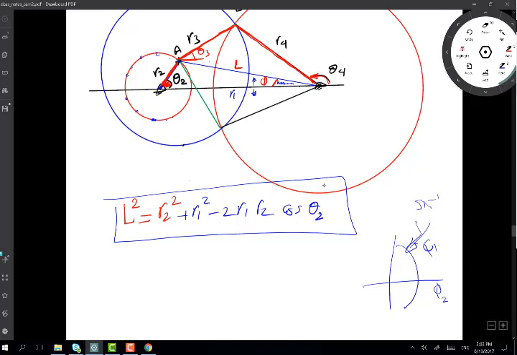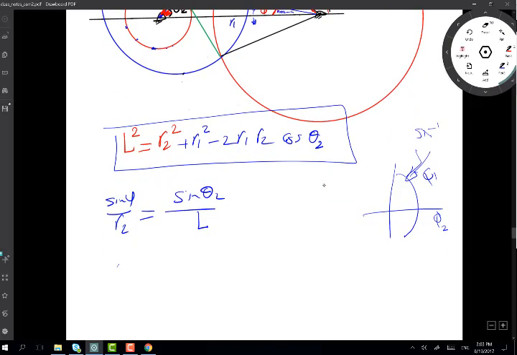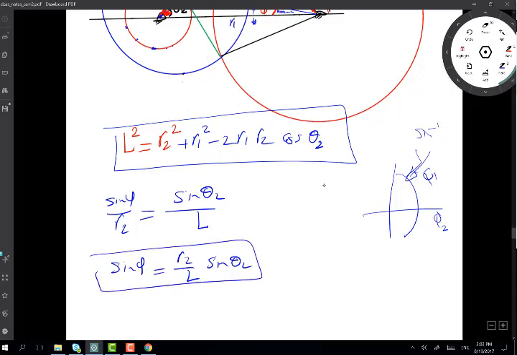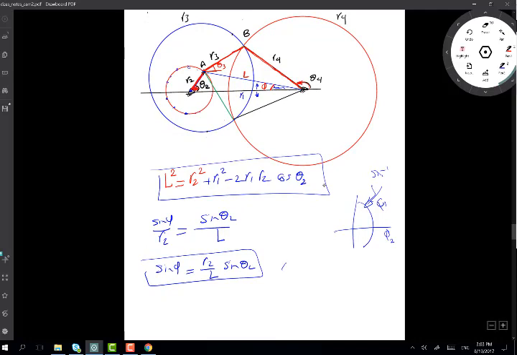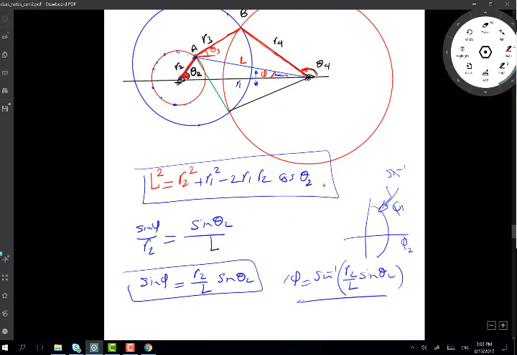So I can say sine phi over the opposite side, which is R2, is equal to sine theta 2 over L. This gives me an expression for phi: sine phi is equal to R2 over L sine theta 2. So phi is equal to sine inverse of R2 over L sine theta 2, and this gives me a value of phi based on theta.